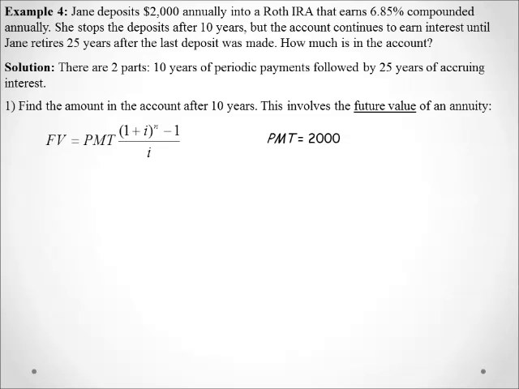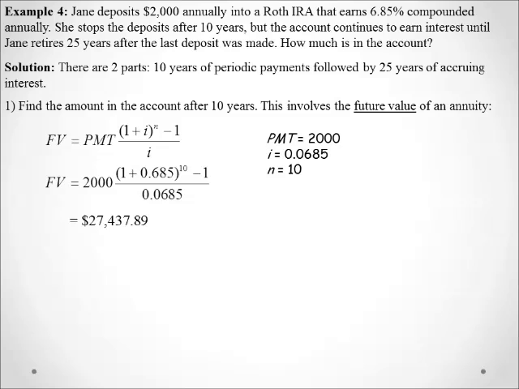So we use the future value formula here. She's putting 2,000 in. The interest, the I is 0.0685 divided by 1. It's annual. And this is for 10 total periods, 10 years.